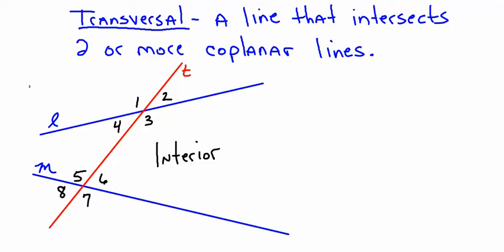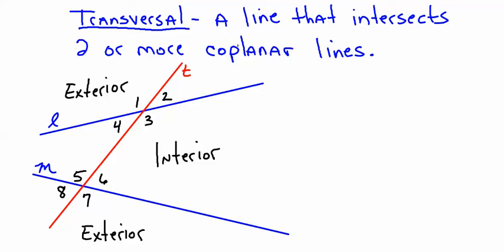And on the top of L, up in here, that would be the exterior. And below M, down in here, exterior. So what's going on inside the two lines is the interior. Outside of it is the exterior. Turn the page.